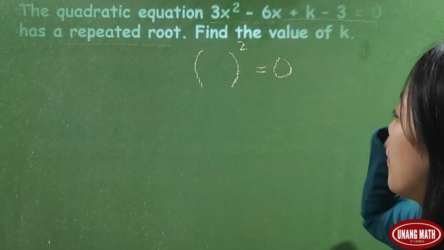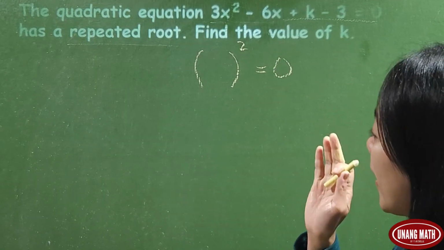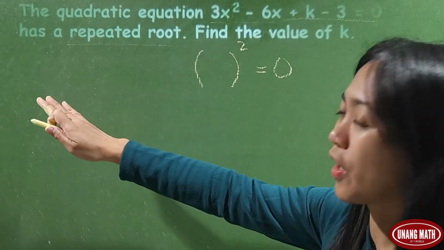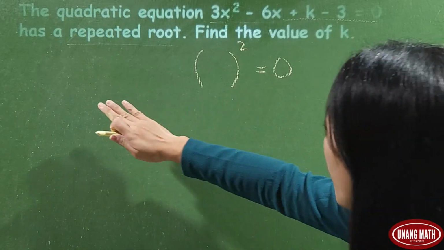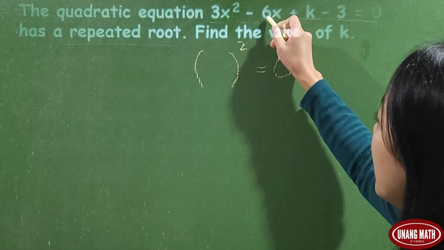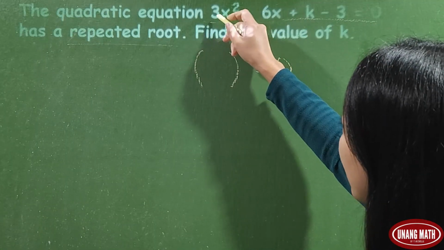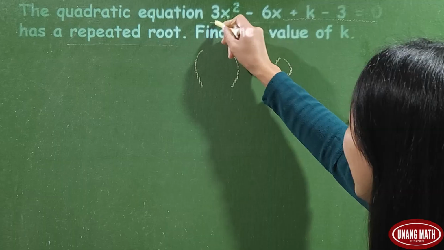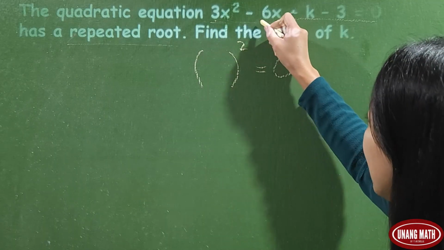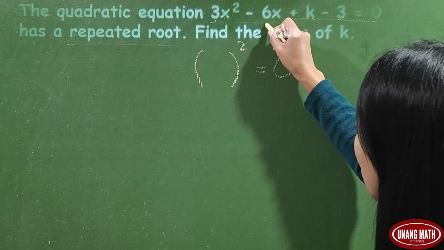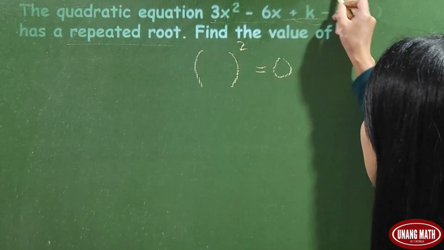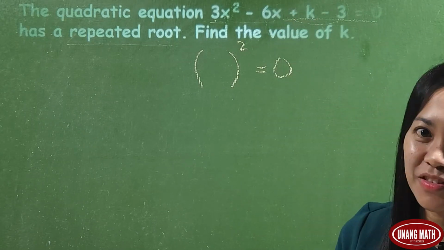Okay, to find the value of k, we can make use of two ways. First way is, if the coefficient of x squared is 1, then we can divide the coefficient of x by 2, and we square it, and that's the value of k minus 3.